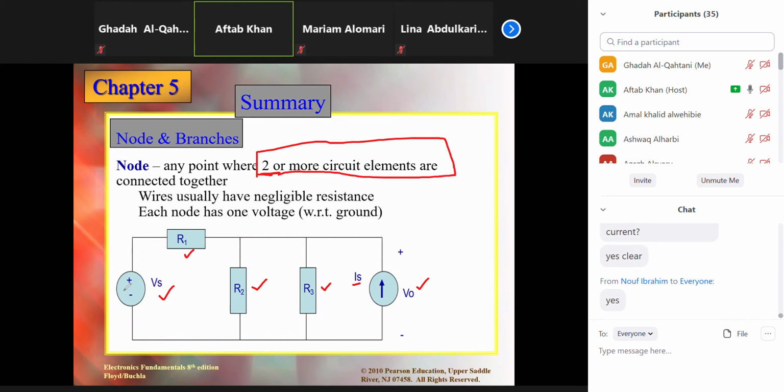First find the node. As I told you, a node is the point where two or more circuit elements are connected together.